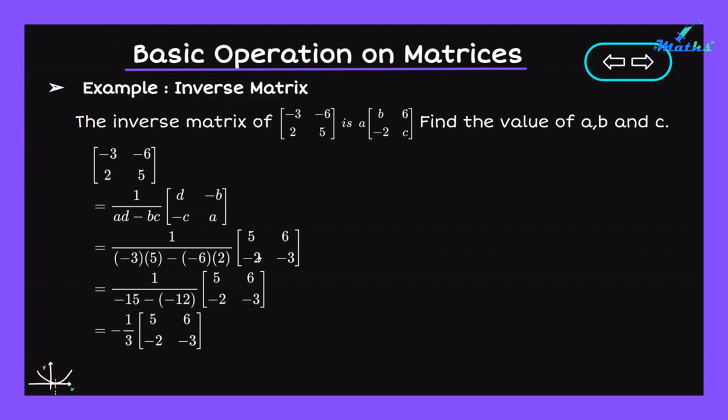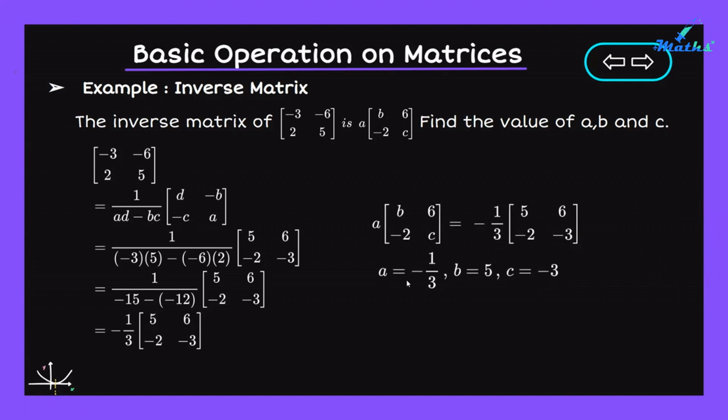And then 2 we times negative, so it's like negative 2. And then next we just multiply together and then minus together. The inside matrix part still remains the same. So right now we look at negative 1 over 3 and 5, 6, negative 2, negative 3. So now we can compare and find A, B, C, D. A is equal to negative 1 over 3, B is equal to 5, and C is equal to negative 3.